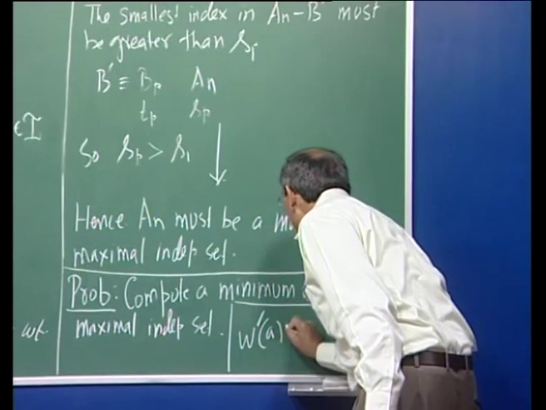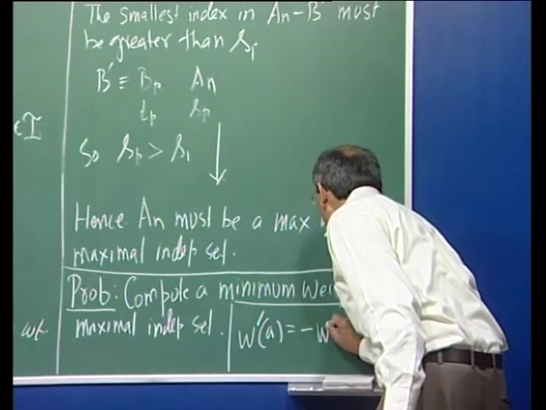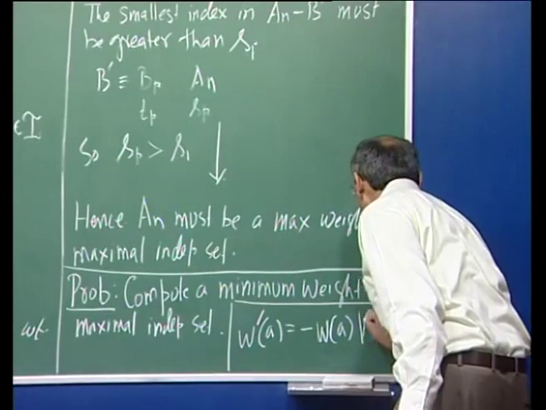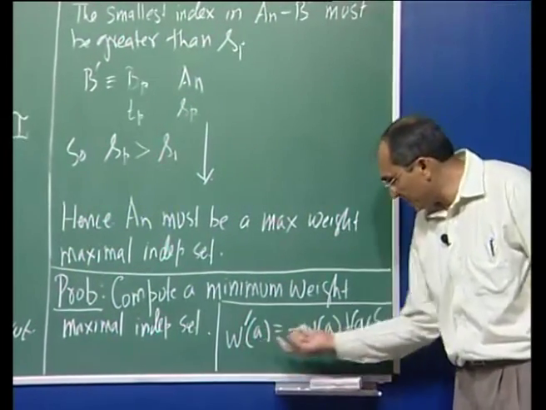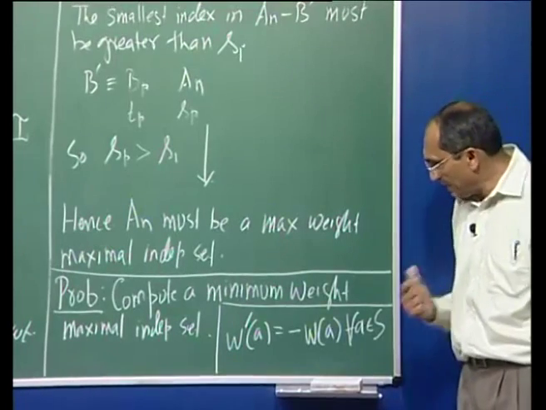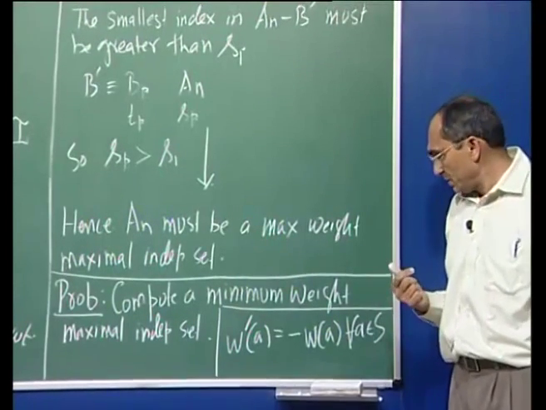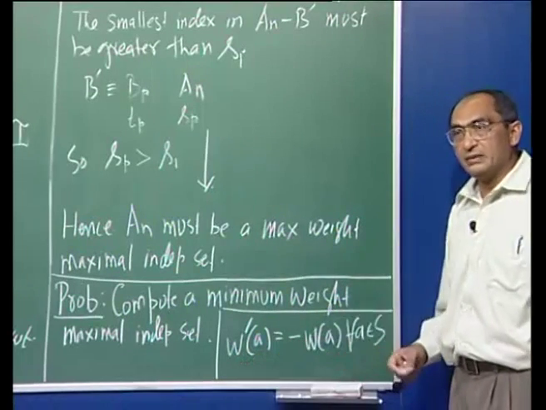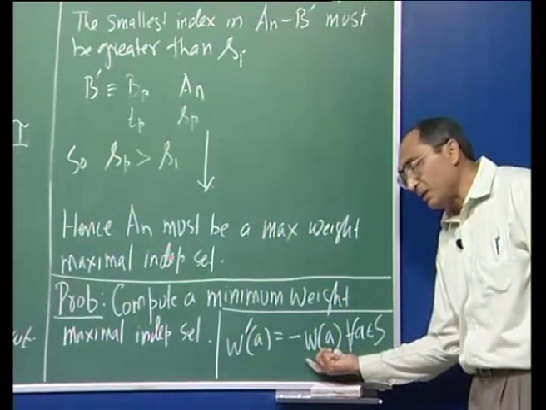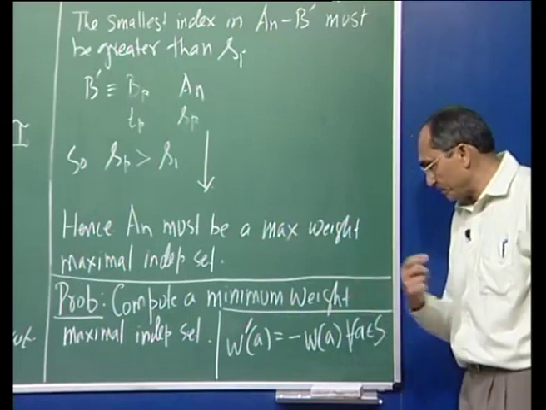W' of A is equal to minus of W of A for every A in S. We just do that and then run our algorithm to compute a maximum weight in the new sense. We will get a minimum weight in the old sense.